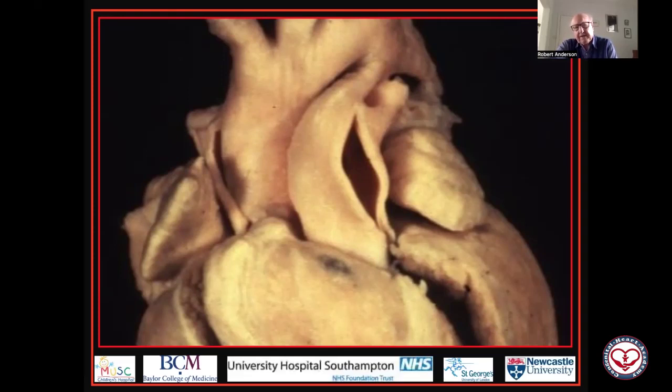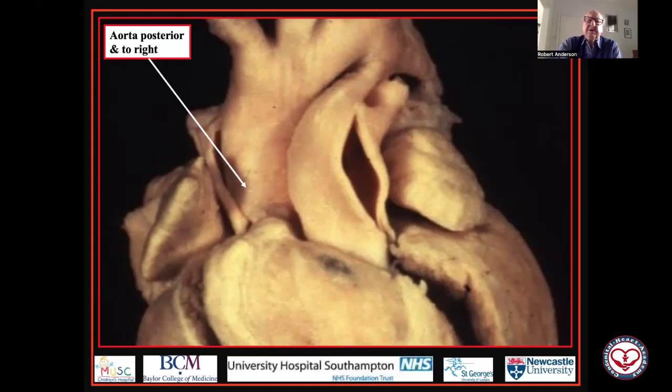So if you look at this heart, you see that there is the aorta, and it is located posteriorly and to the right. If you look very carefully, the incision shows you that the aorta is arising from the morphologically right ventricle. And there we have another incision which shows us that the pulmonary trunk is arising from the morphologically left ventricle.